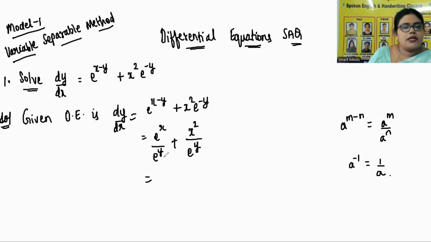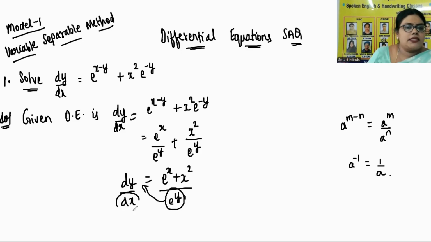Now the denominators are the same, so we can add the numerators: e power x plus x square by e power y. Now we will separate the y and x terms. This e power y we will take to that side and this dx we will bring to this side. Understood?